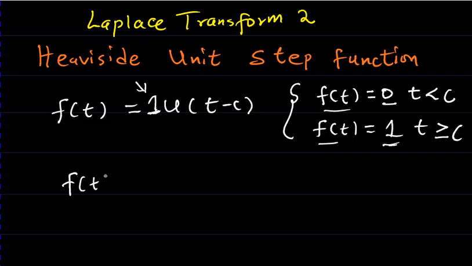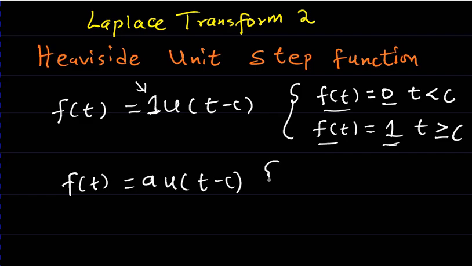What if we have it this way? f of t being equal to, let's say, a constant value a times u of t minus c. What do we expect here? You know exactly what we expect.